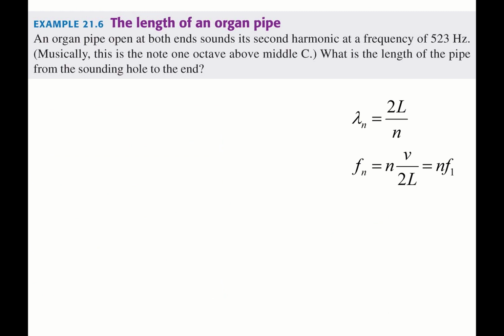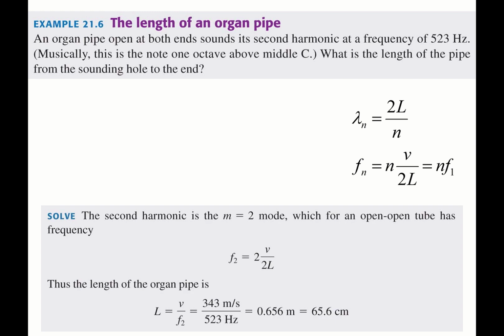So let's say I have an organ pipe that's open at both ends, and they tell me that its second harmonic has a frequency of 523 hertz. I want to know what's the length of the pipe. Well, my equations are shown there. It's the same as for a string. And the second harmonic has n equals 2.